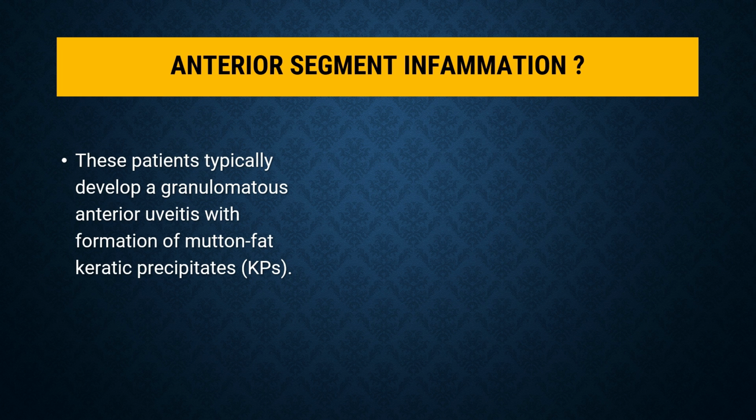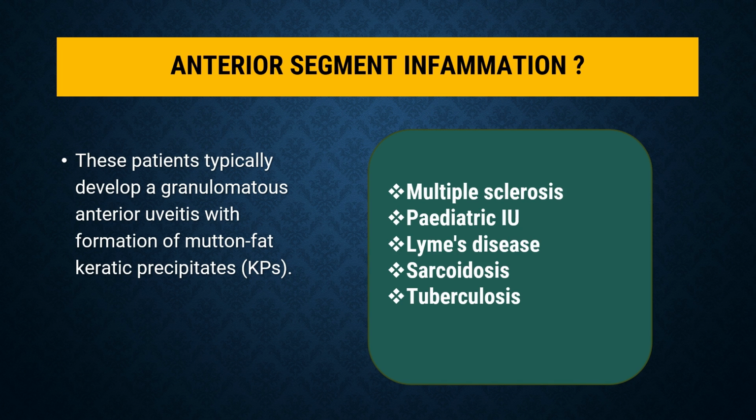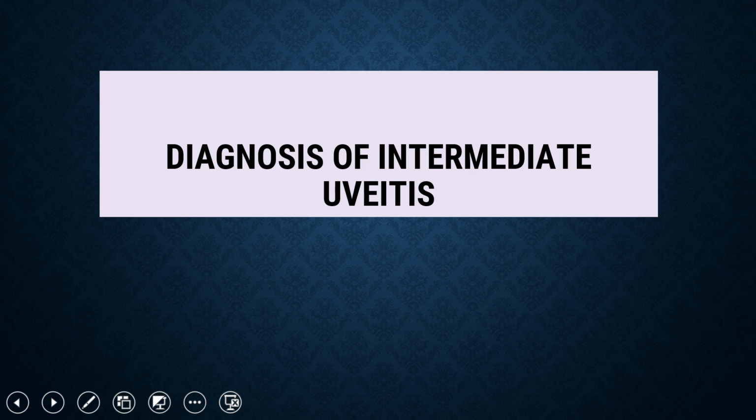However, there are some specific patients that are going to develop granulomatous anterior uveitis along with intermediate uveitis, and sometimes you will also see the presence of mutton fat keratic precipitates. And this is seen in multiple sclerosis, pediatric intermediate uveitis, Lyme's disease, sarcoid, and tuberculosis. So again, a high yield point for you guys, right?